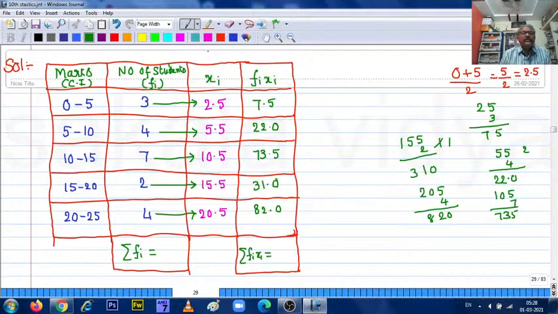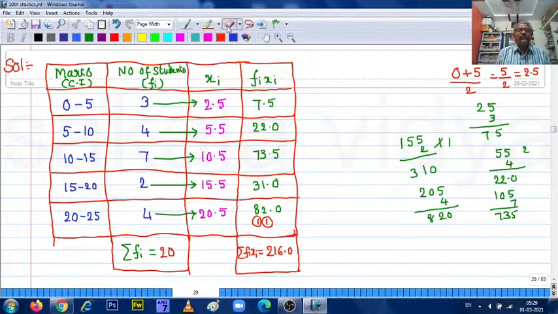So let us add. 3 plus 4 is 7, 7 plus 7 is 14, 14 plus 2 is 16, plus 4 is 20. Now add the other column: 7.5, 22.0, 73.5, 31.0 and 82.0 give 216.0, with 1 decimal point. This is sigma fi xi.